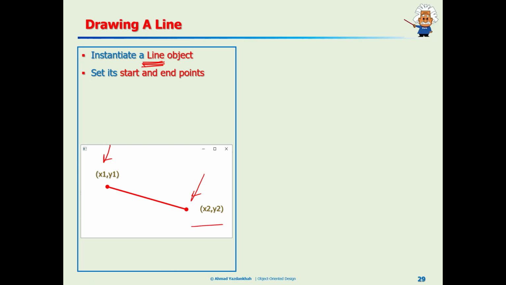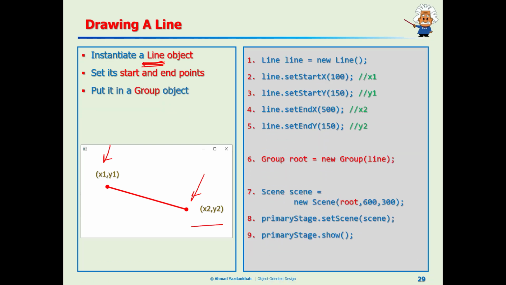This is the code, and as I said, we put that line object inside a group, which is playing the role of the layout pane for us. All right, so let me show you quickly.